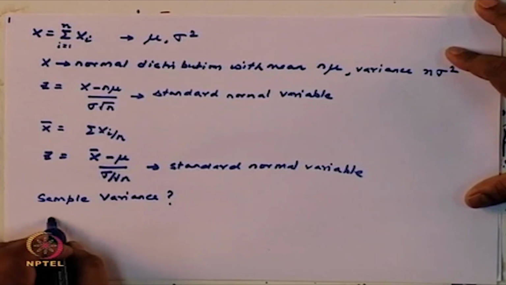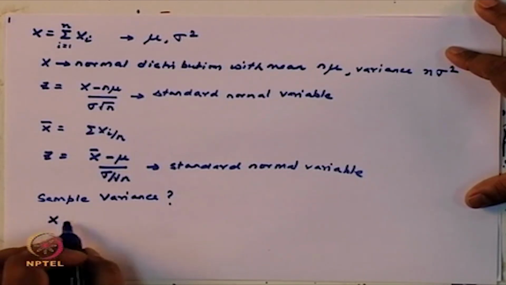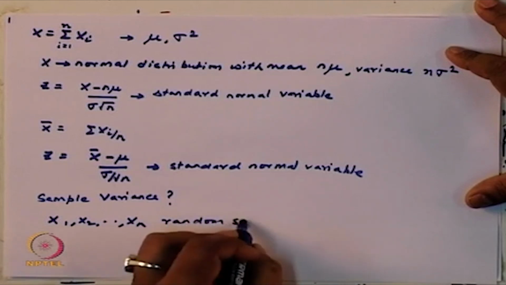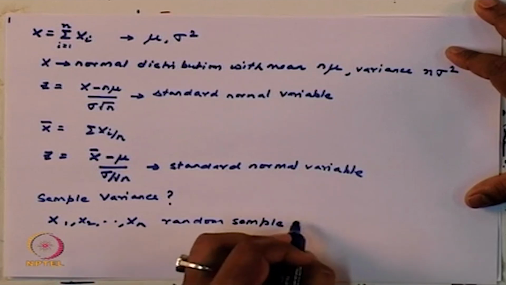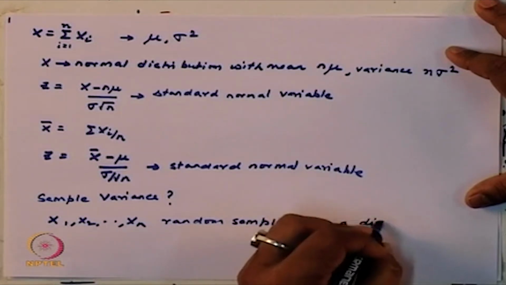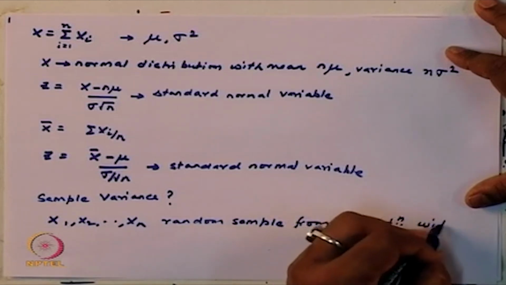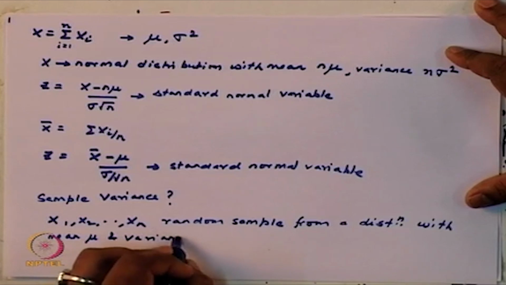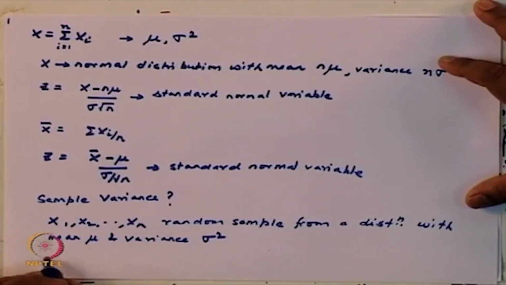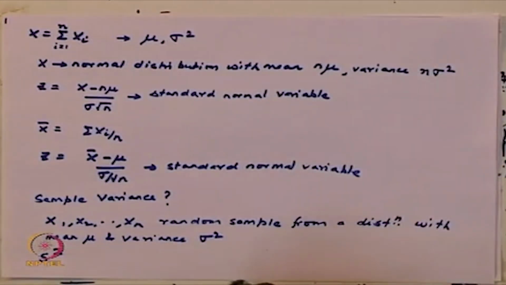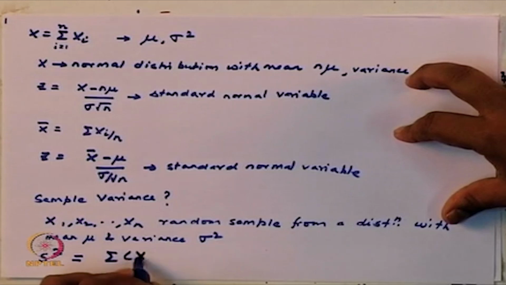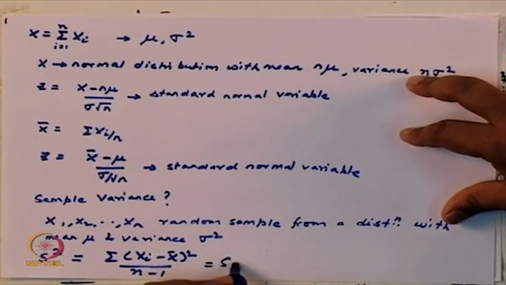If you have X1, X2, ..., Xn as a random sample from a distribution with mean mu and variance sigma square, I will define my sample variance as S square, equal to the summation of (X_i minus X bar) whole square by n minus 1.